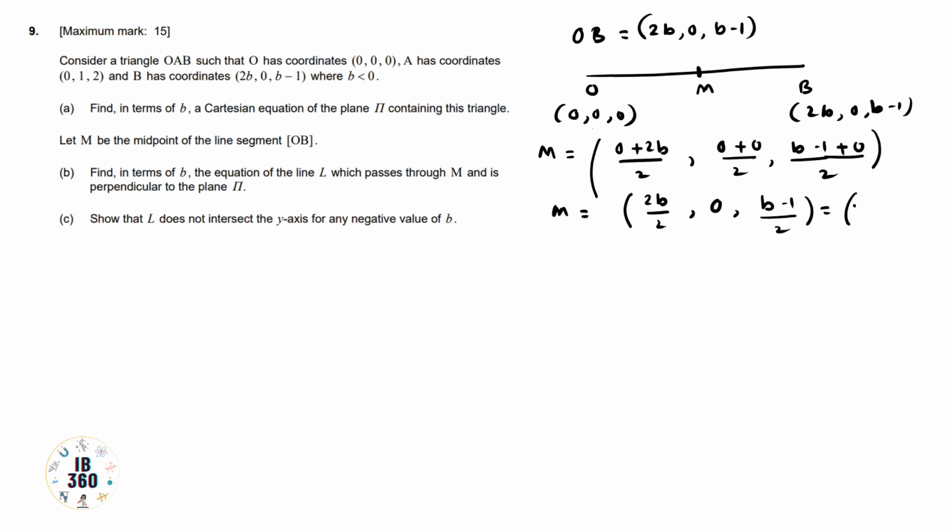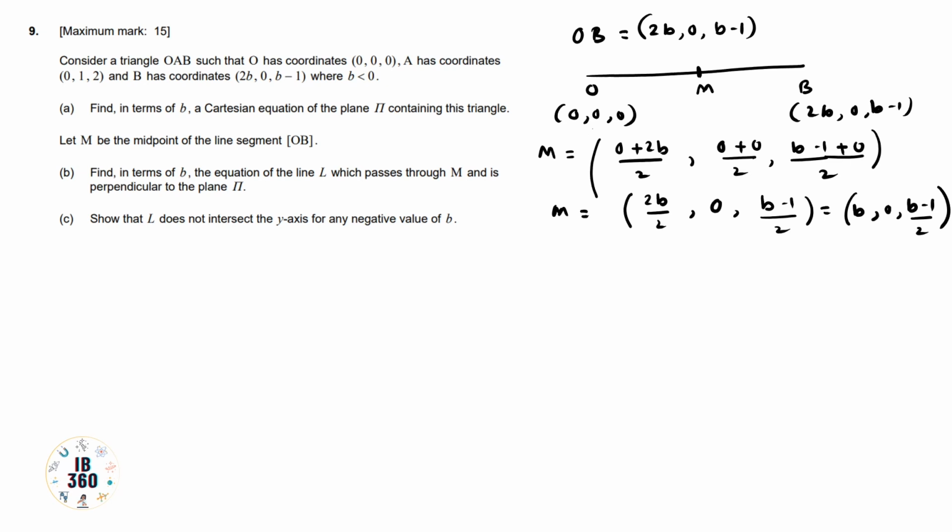So it is b comma 0 comma (b minus 1) divided by 2. These are the coordinates of the point M, the midpoint of the line OB, so the Cartesian coordinates of M are there.